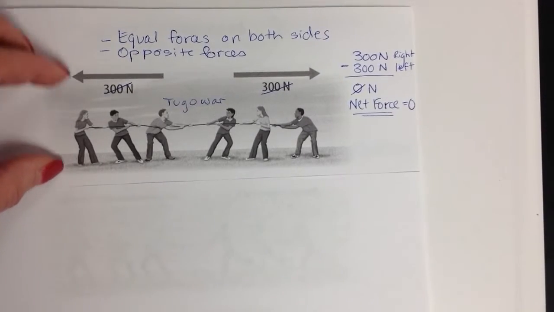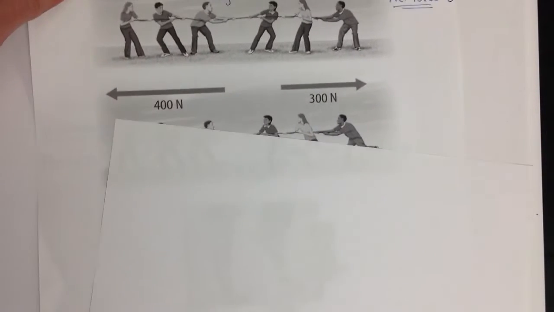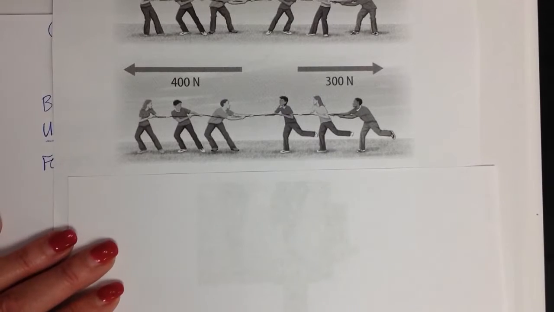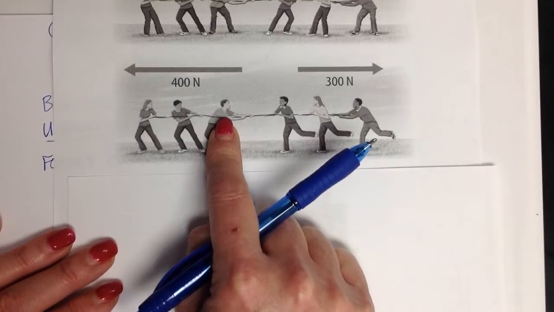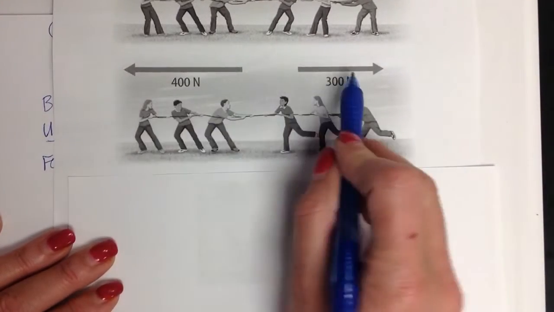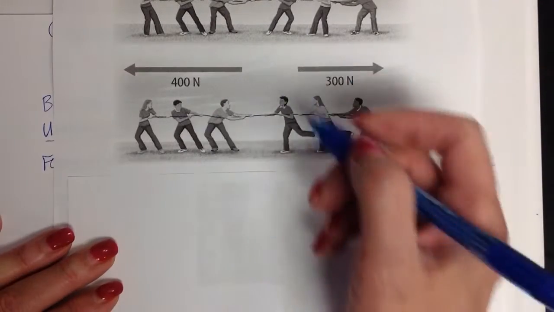All right, let's look at another scenario now. In this scenario, you can see this group is still continuing to pull with 300 newtons, whereas this group is pulling with 400 newtons. They're still in opposite directions, so they will be subtracted.